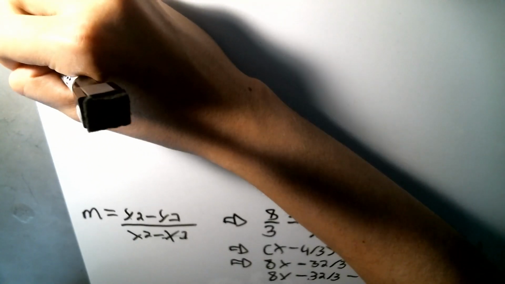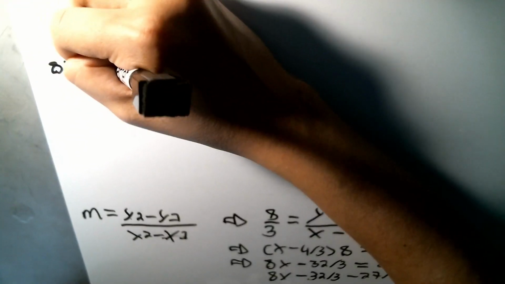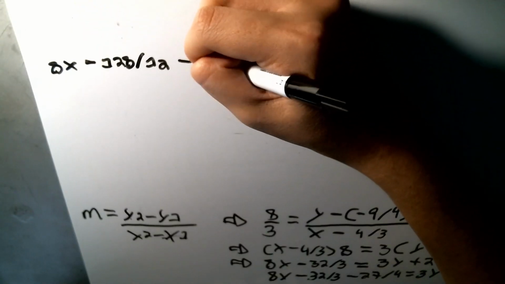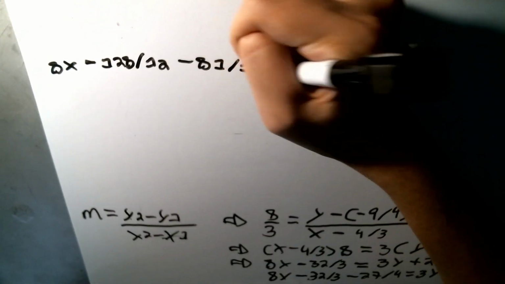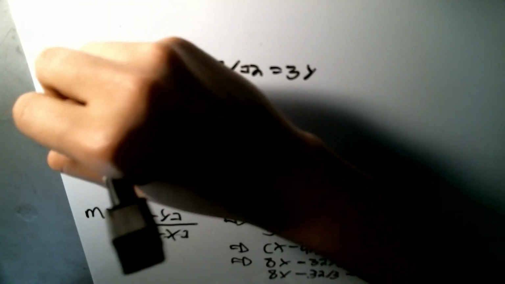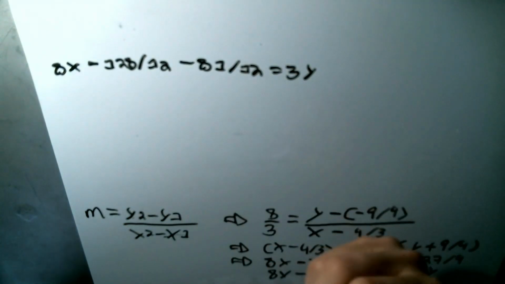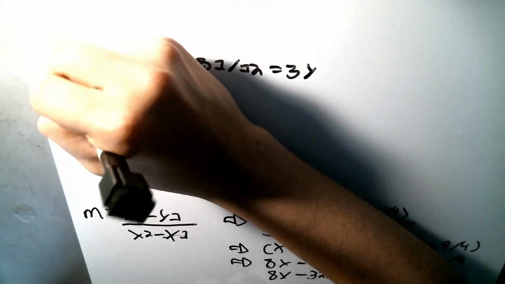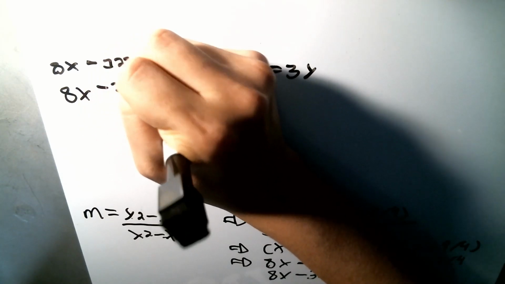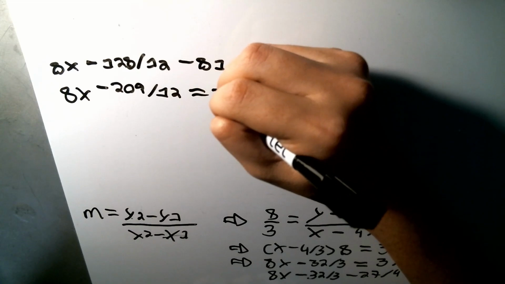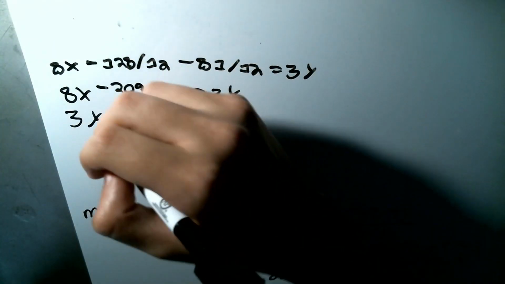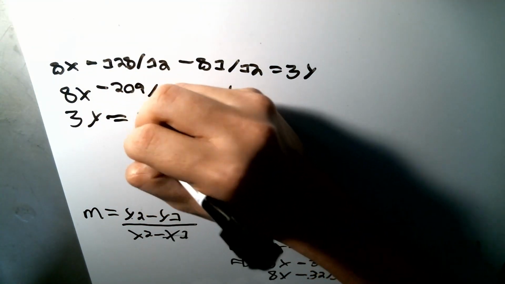We will get 8x minus 128 twelfths minus 81 twelfths equals 3y. Now this same denominator can be added up, so we get 8x minus 209 twelfths equals 3y. Now we're just going to flip it so the y is on the left side, but nothing changes.